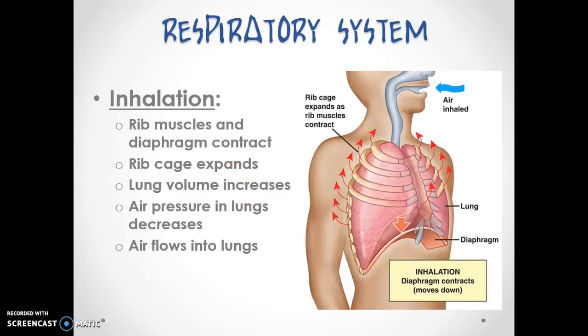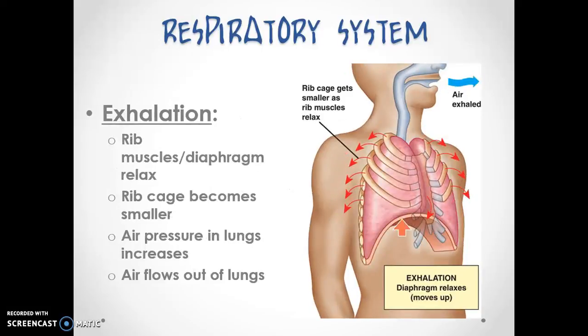For the respiratory system, inhalation works like this: the rib muscles and diaphragm contract and the rib cage expands. Lung volume increases and air pressure in the lung decreases. The air will flow into the lungs. And this is exhalation, where the rib muscles and diaphragm relax.